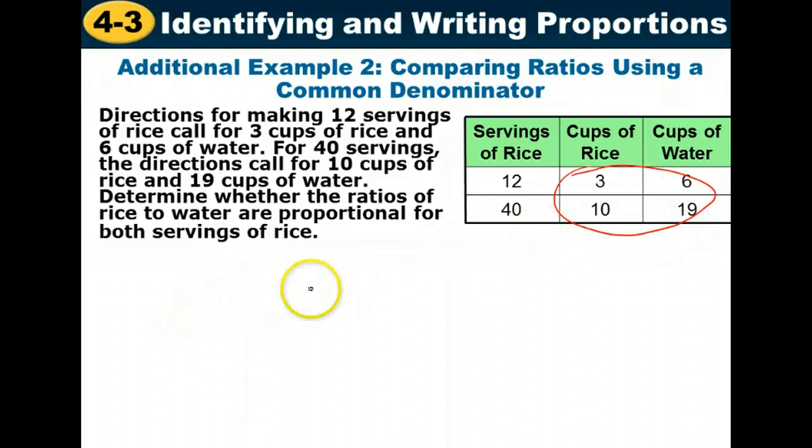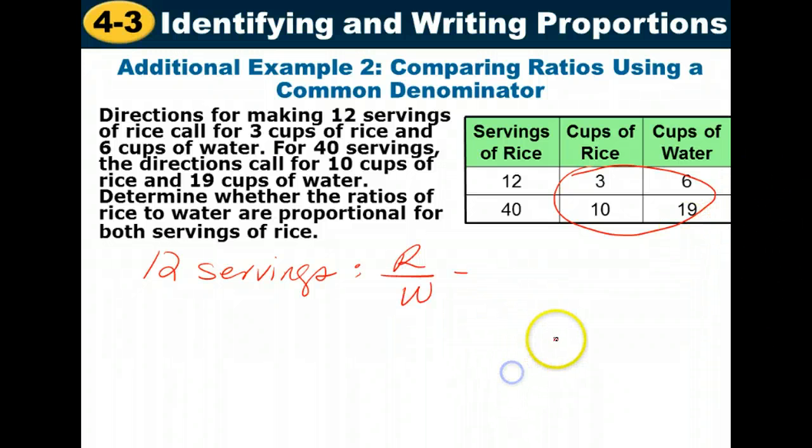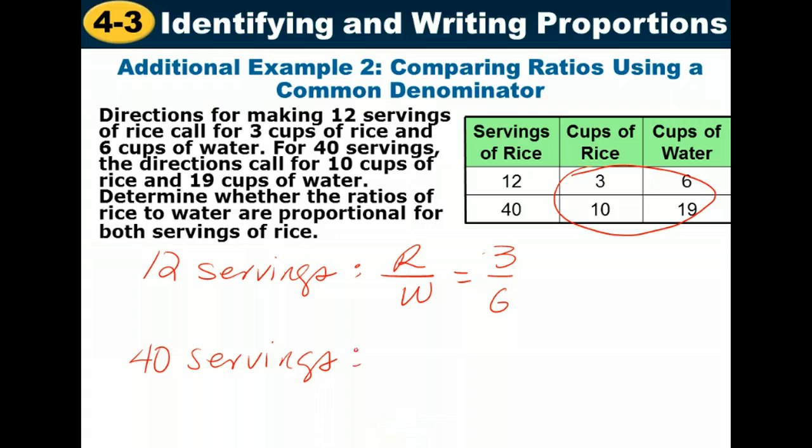So the ratio of rice to water for 12 servings will be 3 to 6. And for 40 servings, the ratio of rice to water is 10 to 19.